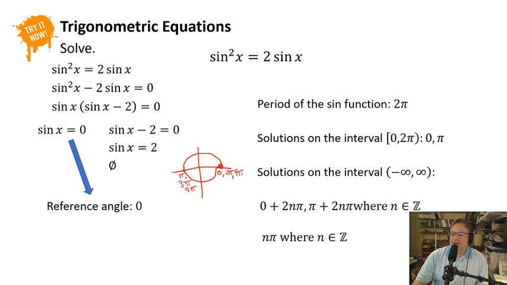And so what I want you to see is that even though we're presenting this as having a cyclical period of 2 pi, it actually repeats every pi, doesn't it? 0, pi, 2 pi, 3 pi, 4 pi, 5 pi.